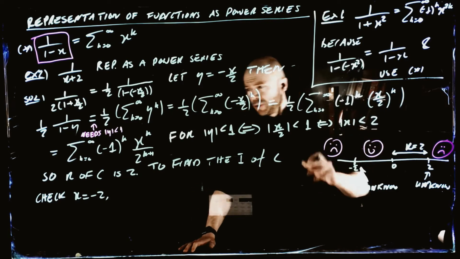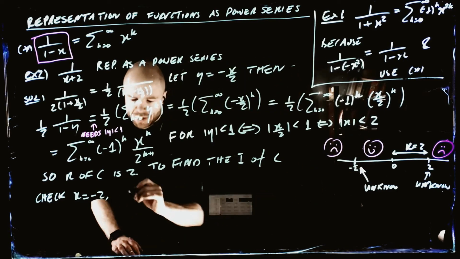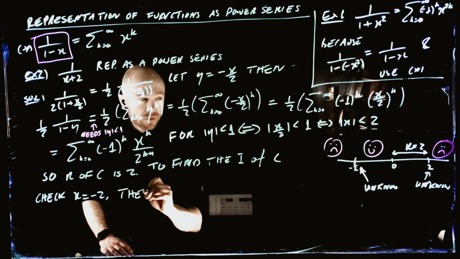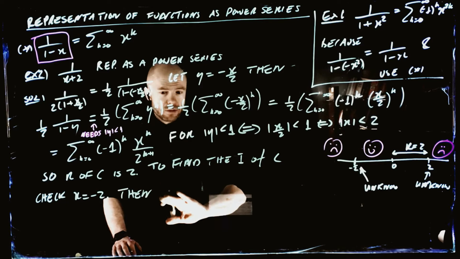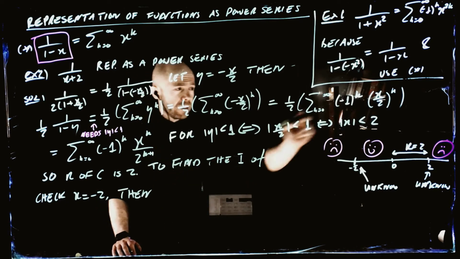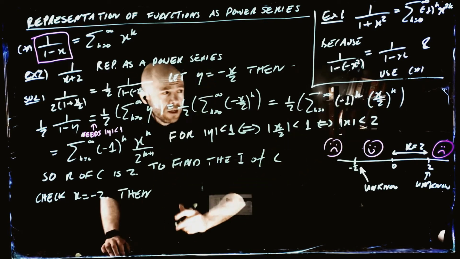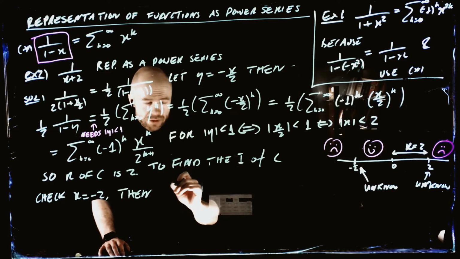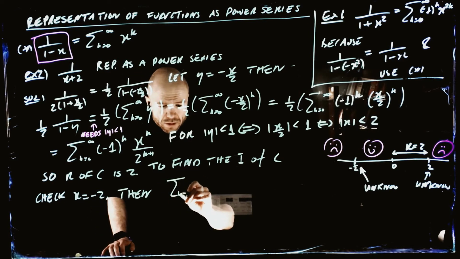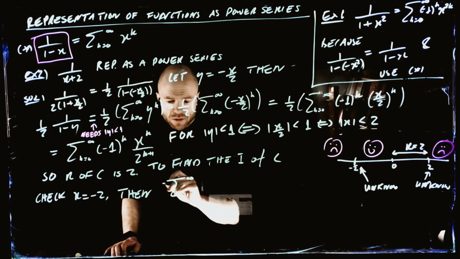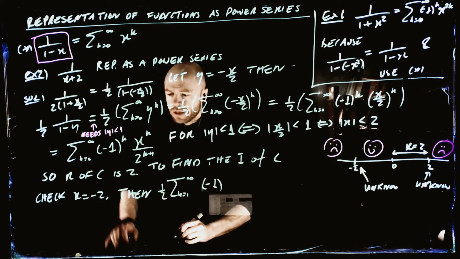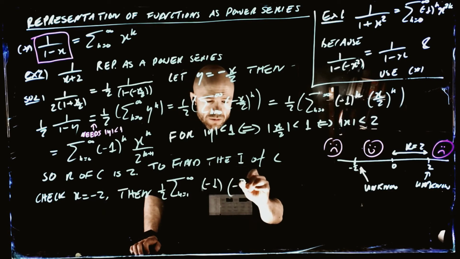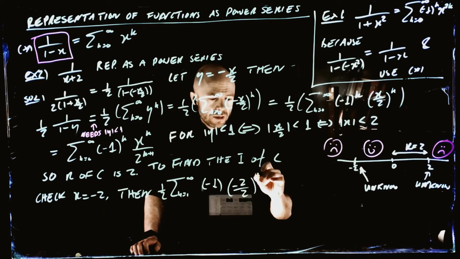Yes, so when you put this into this expression, our series is this, but let's go back one step until we see this. And what do we have? We have the sum from k equals 1 to infinity of 1 over 2, and then minus 1 to the k, and then minus 2 over 2 to the k.